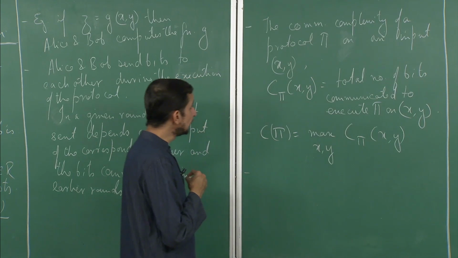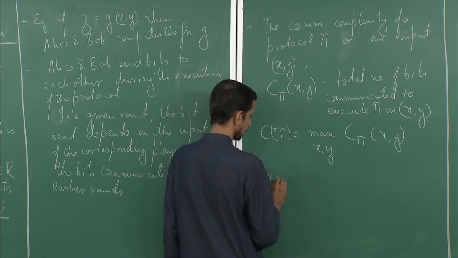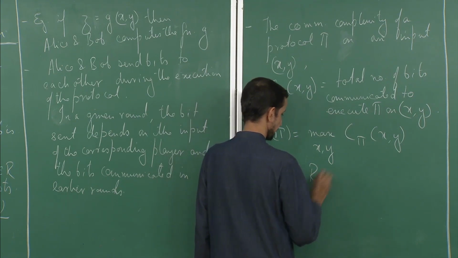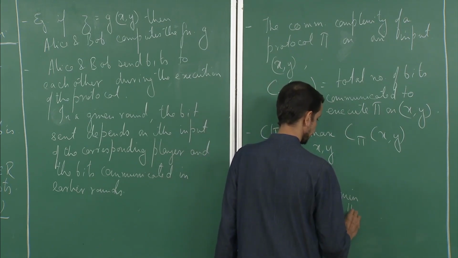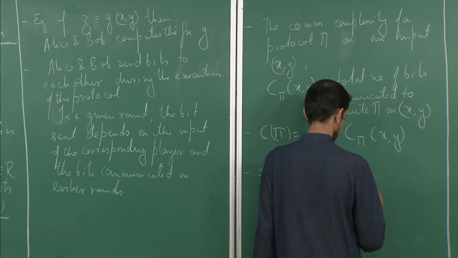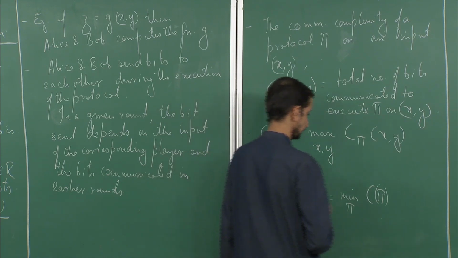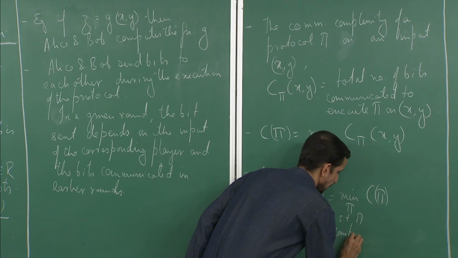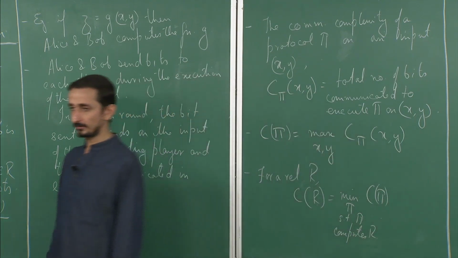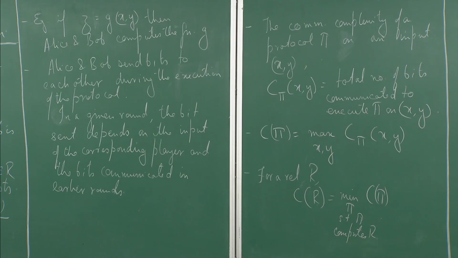And the communication complexity of a relation R is defined as the minimum over all protocols pi of C(pi), such that pi computes R. So now we know what we mean by the communication complexity of a relation.